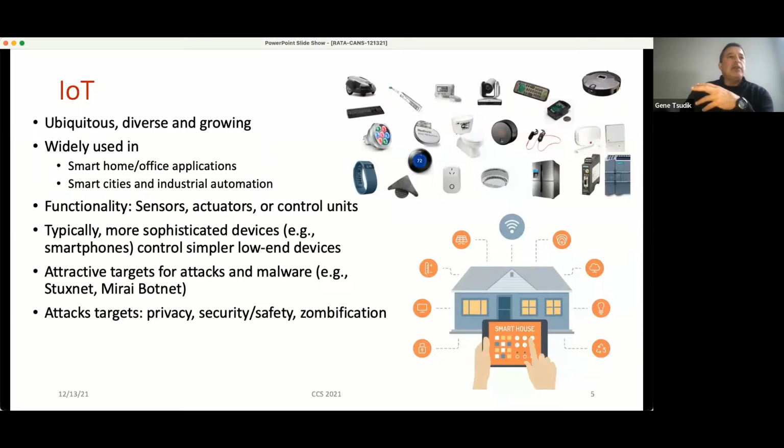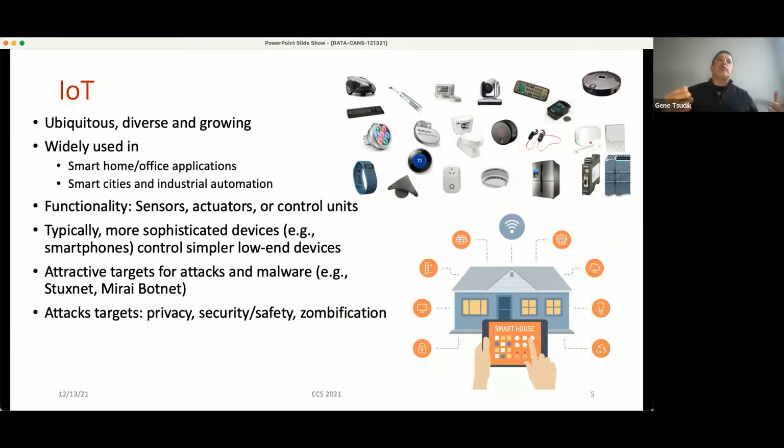And that could be extremely intrusive, very privacy detrimental, considering that these sensors can be located in all kinds of private spaces. And these sensors include things like cameras and motion detectors and all kinds of other sensing devices. Now, attacks on security and safety are generally attacks on actuators.